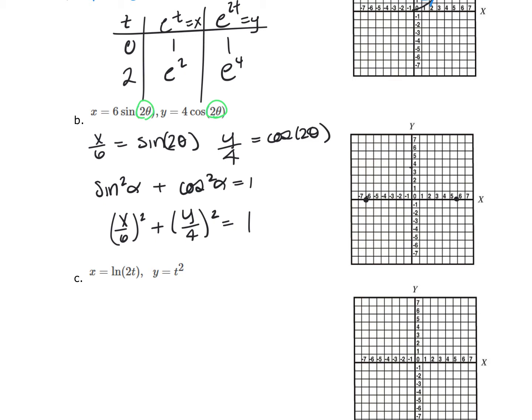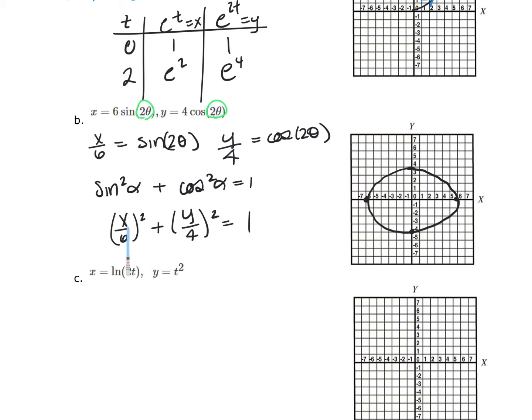I'm going to go out 4 in each direction on my y's. And so it has a graph that looks something like this. Now I'm going to go back here. I'm going to say now, when I have the theta, because sine and cosine can take on any, this is in calculus, so we're only talking about radians, I can put any radian value in here and a real number will come out. So there are no restrictions on the domains.